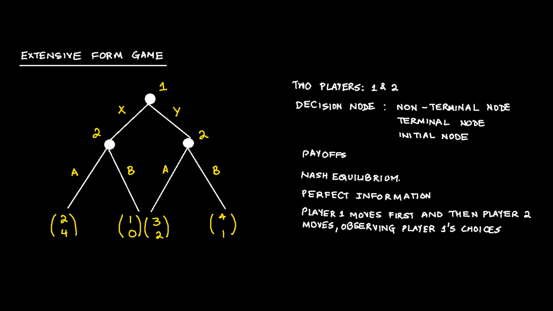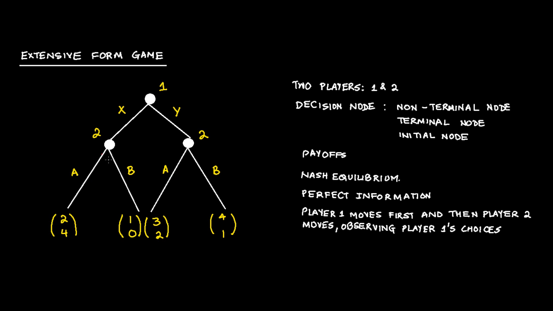Player 2 again has two choices, A and B, conditional on whether player 1 has chosen X or Y. This one is the initial node, and for this game it is also a non-terminal node. The game is not ending here.